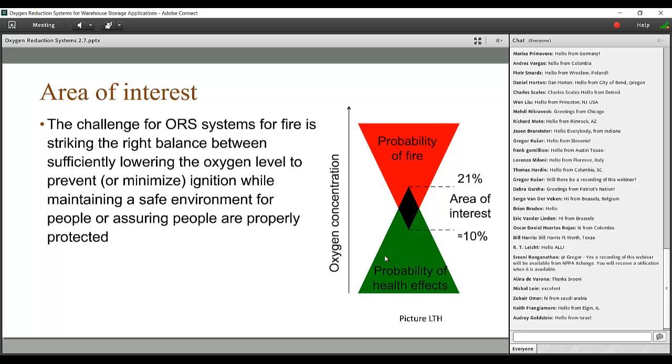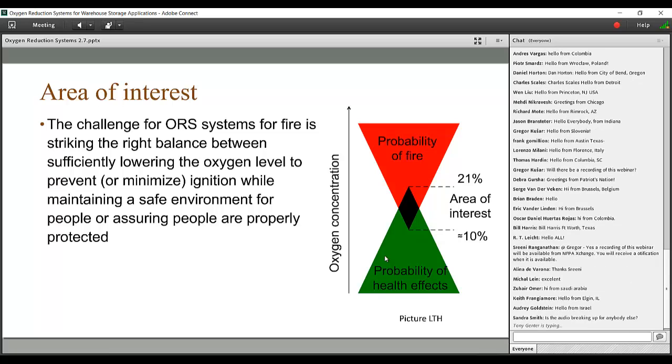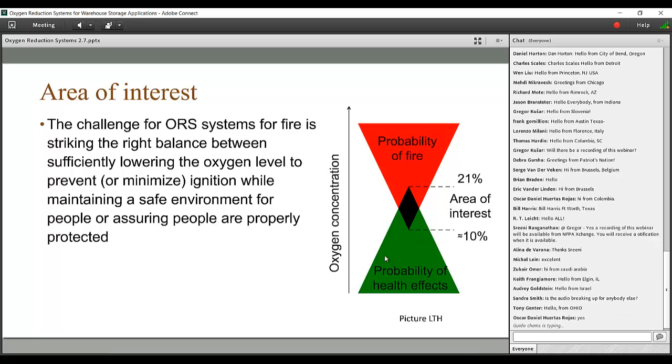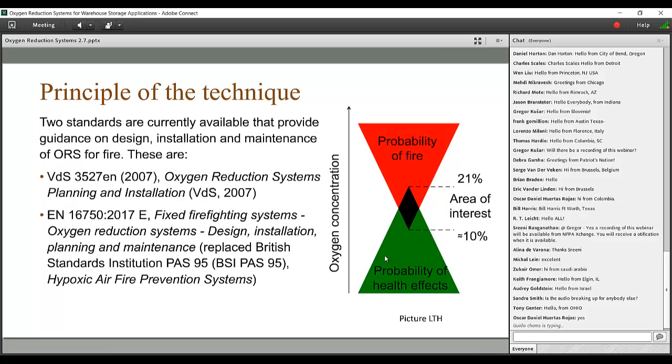And the area of interest in these systems is somewhere between 10 and 21%, 21 being normal atmosphere, 10% very close to the inerting levels needed. So that's a bit the challenge of the whole system, or the design of the system.